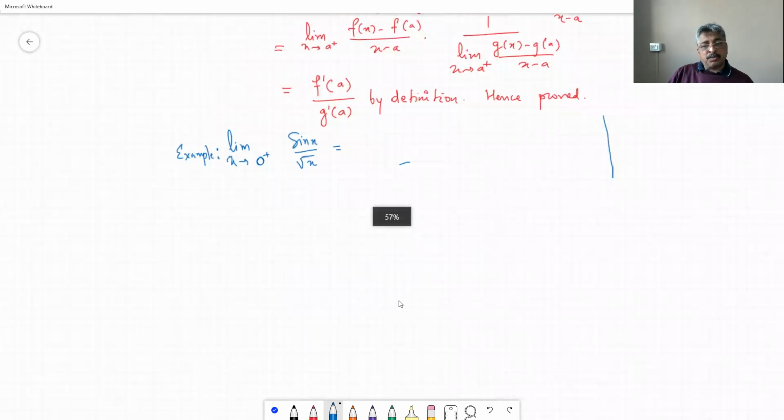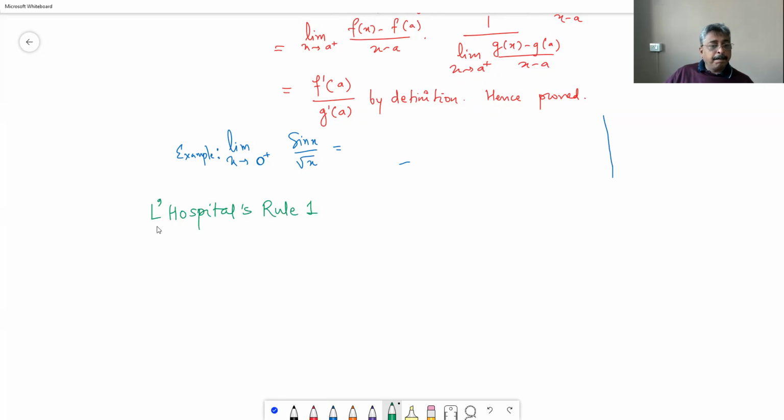L'Hopital rule 1. Statement. Now this is the most common type which we are dealing with right now, 0 upon 0.